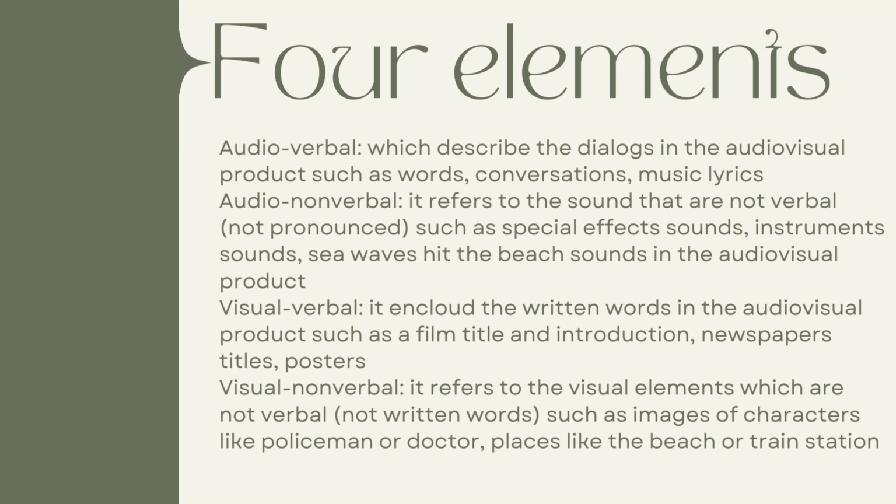For example, we have audio verbal, which contains the dialogue in the audiovisual material, like a conversation between characters in movies, dialogues made out of words, conversations, sentences, phrases. We have the visual verbal. It includes the written words in a movie scene, or a poster in the movie, or a journal title that appears on the screen, which is written and is considered visual verbal.